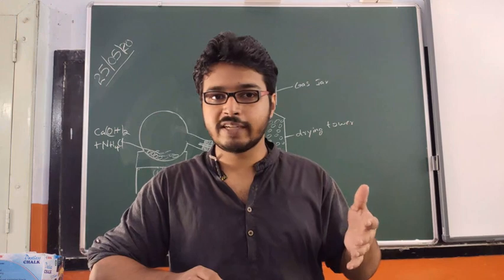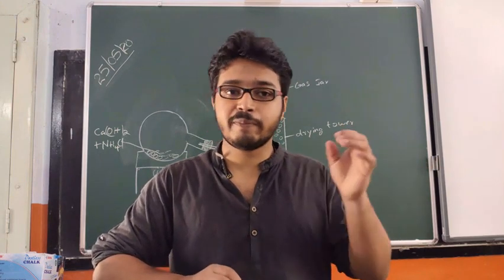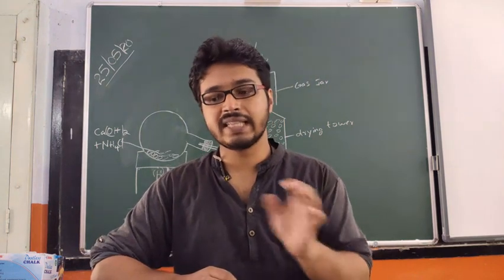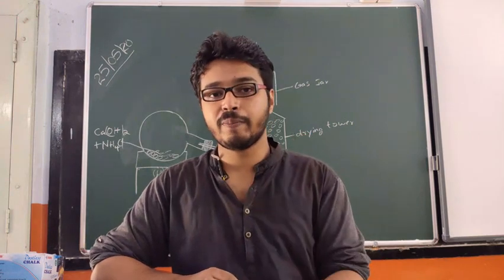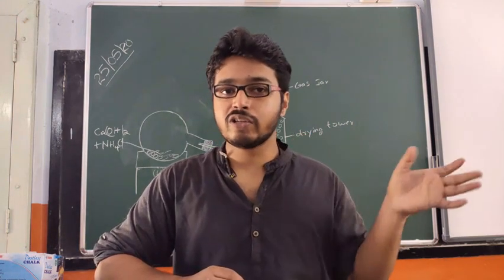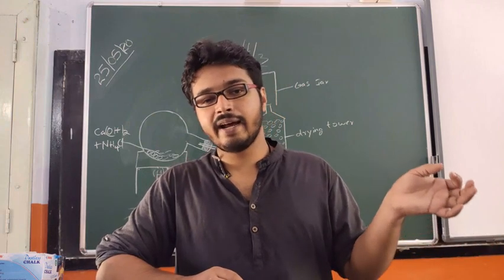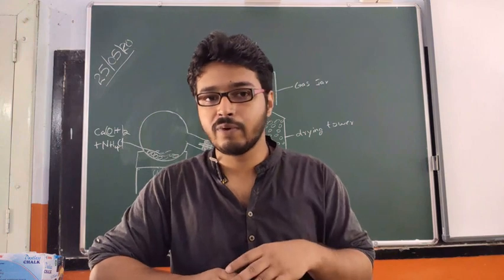I hope you remember what a lone pair is. Because of the presence of that lone pair, ammonia has many properties, and out of that you have studied one important property: because of that lone pair, ammonia can act as a donor to form a coordinate covalent bond.